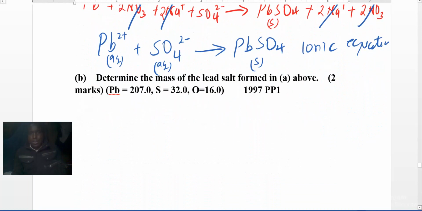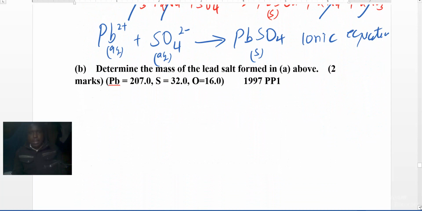Determine the mass of lead salt in A above.